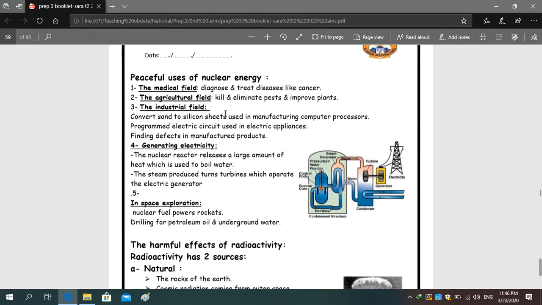What are the uses of nuclear energy? The nucleus of each atom contains a huge amount of energy, called the binding energy of the components of the nucleus. As we know, the nucleus contains positive protons and neutral neutrons.